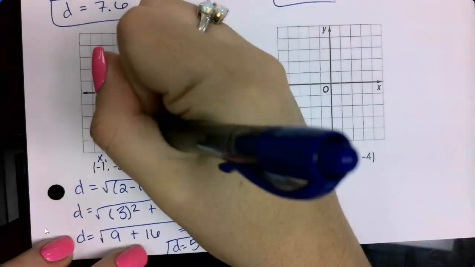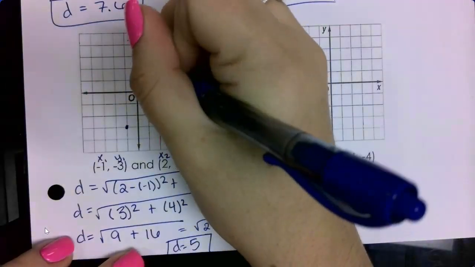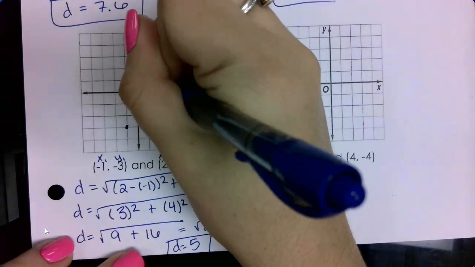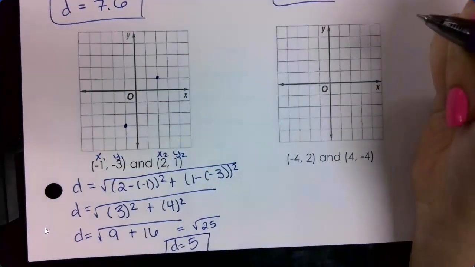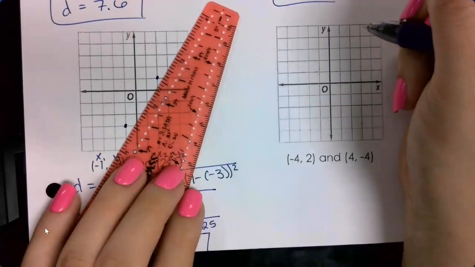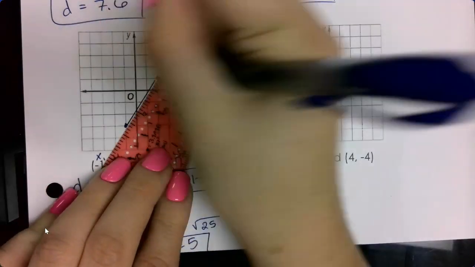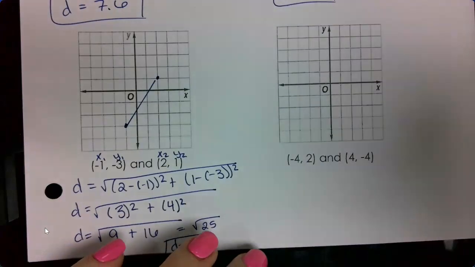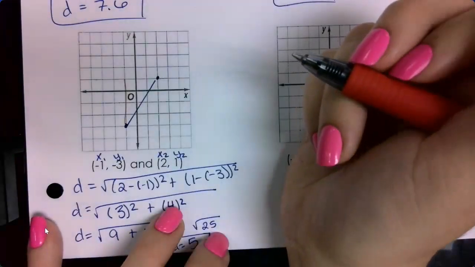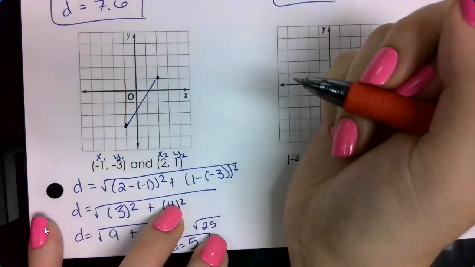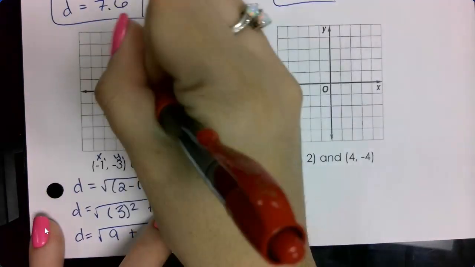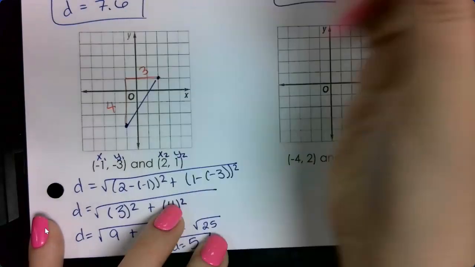Okay, so I want to go ahead and plot my points. Okay, how many am I going up? 4. And how many am I going right? 3. So I'm going to plug in.